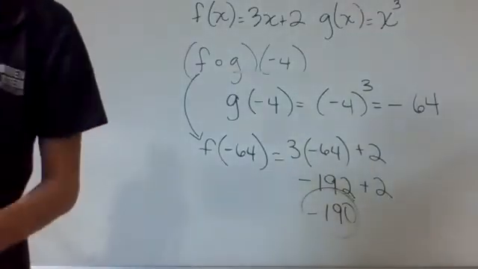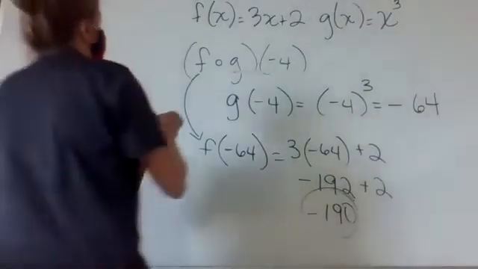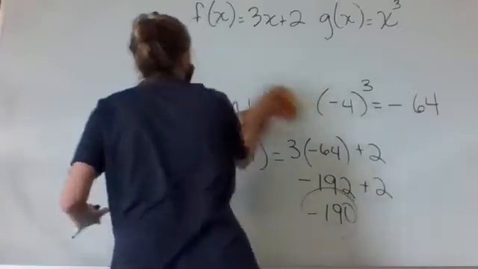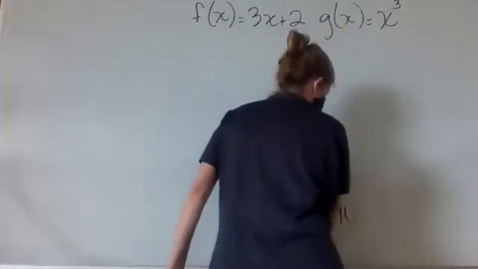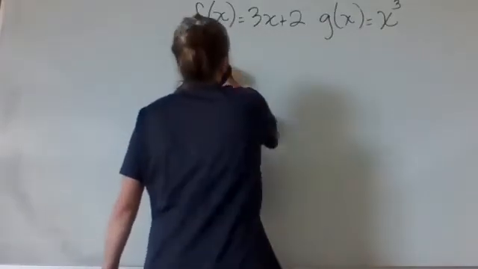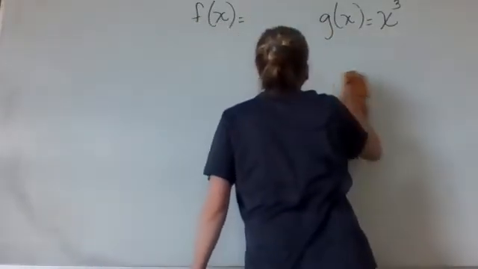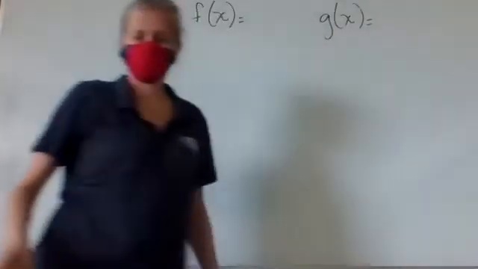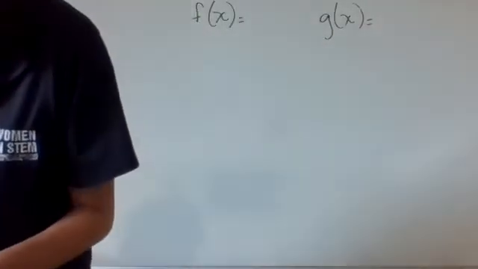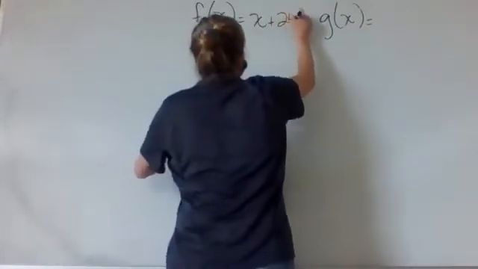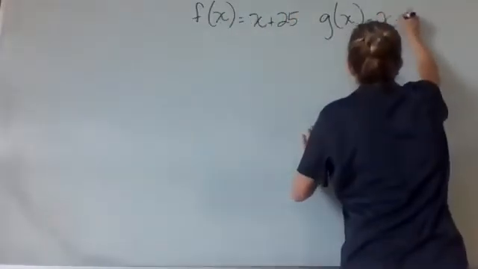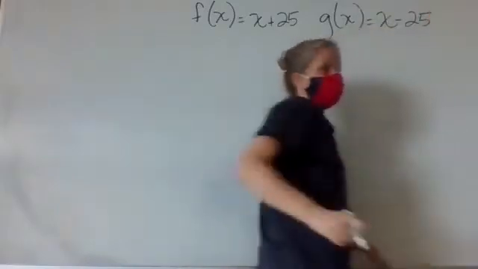All right, number 4. This is where it gets a little more intense. f of x is x plus 25. g of x is x minus 25.